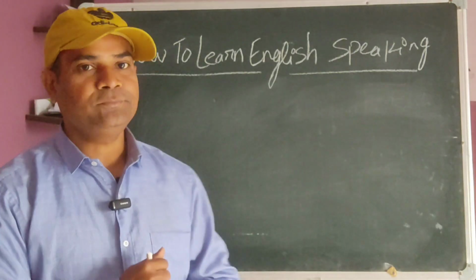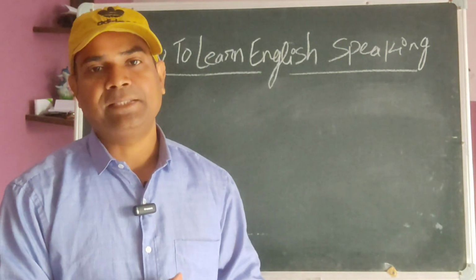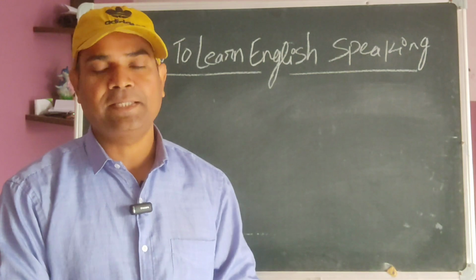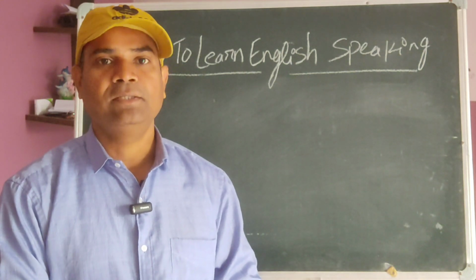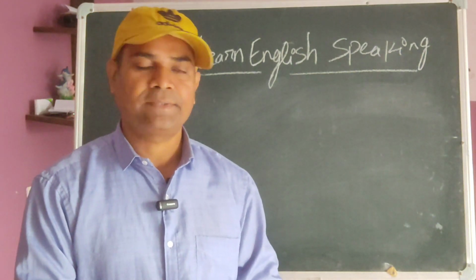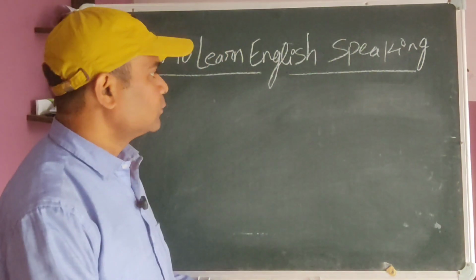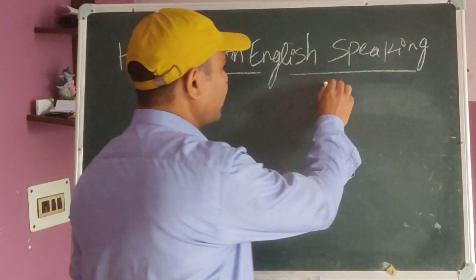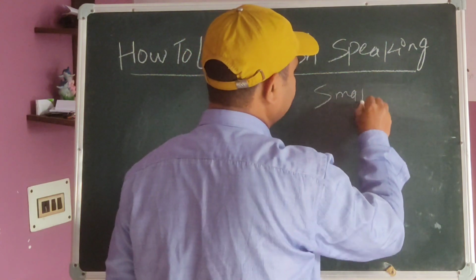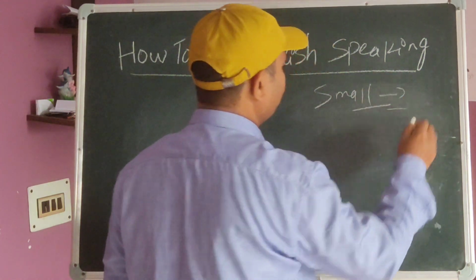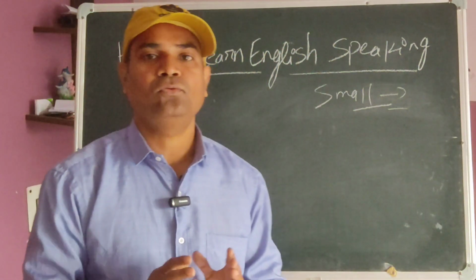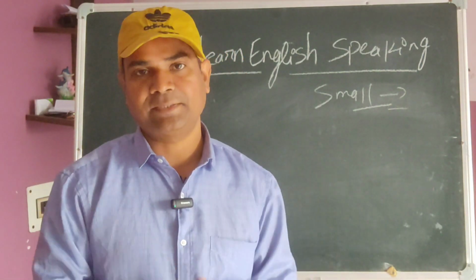What you have to do, first you have to be mentally ready. Do not hesitate in front of people while you are going to speak with them, outside in the market or anywhere you are going. First try to form small sentences. Don't try to form very big sentences.